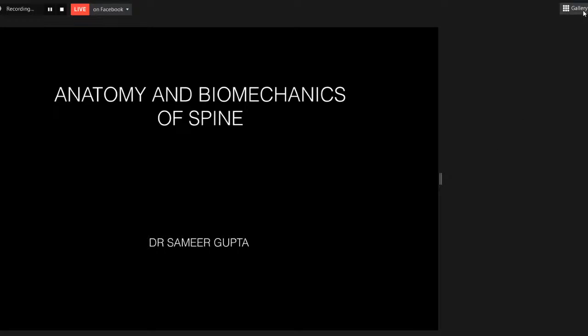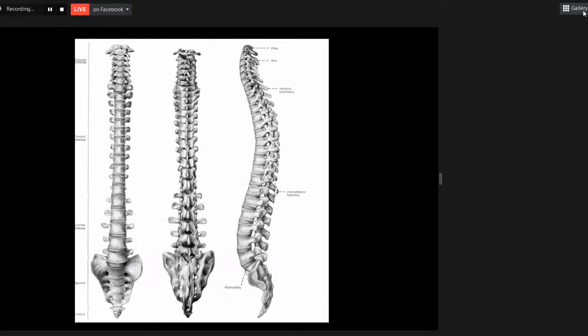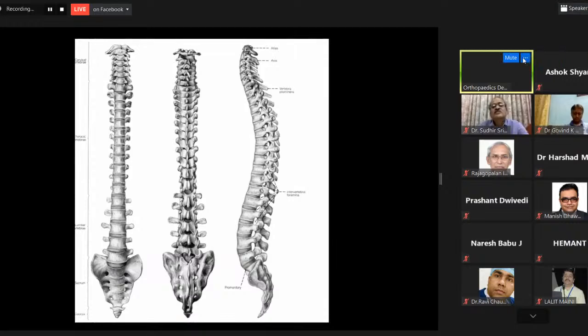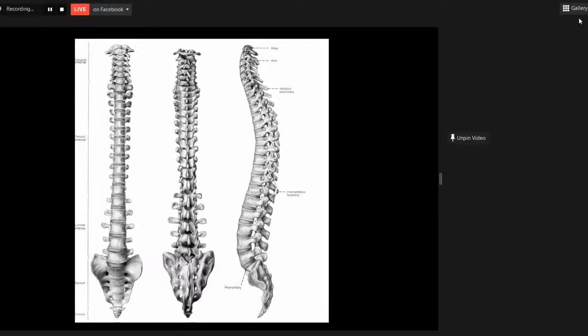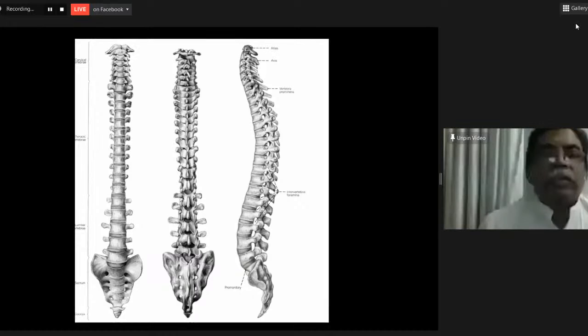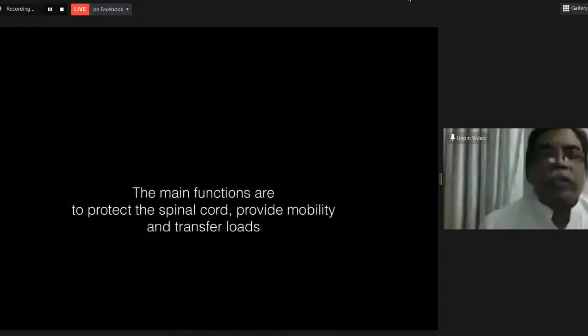When you look at the spine, it has 7 cervical vertebrae, 12 thoracic vertebrae, and as the child starts growing up after birth, the kyphotic curve and the lumbar lordotic curve develop.